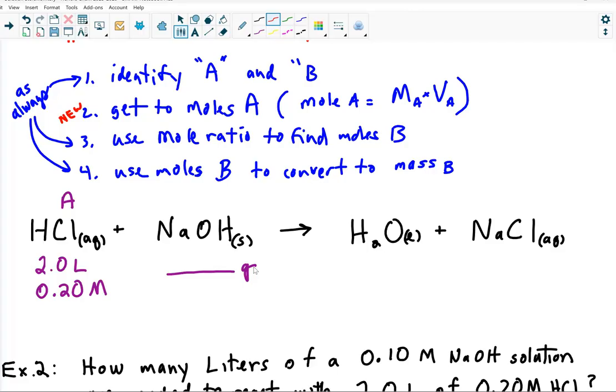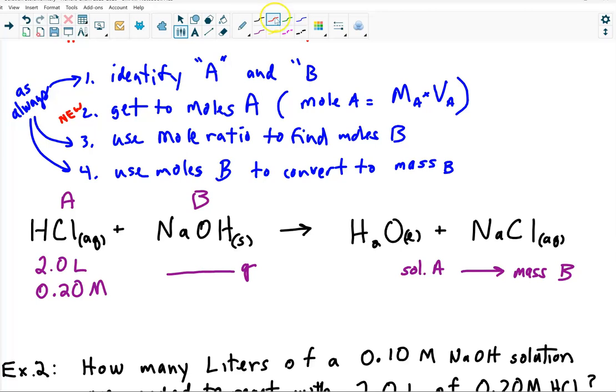That's all the same, so this is my B. So I would say, identifying my A and B, this is a solution of A to mass of B kind of stoichiometry problem. Instead of moles of A to mass of B, it's solution of A.